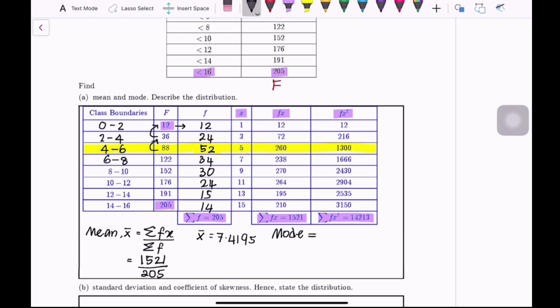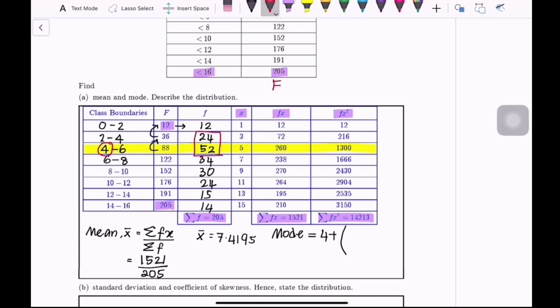Then we substitute into the formula. Mode is LB, the lower boundary for the mode class, which is 4, plus D1 over D1 plus D2, times C. D1 is the difference between the frequency of the mode class and the class before.